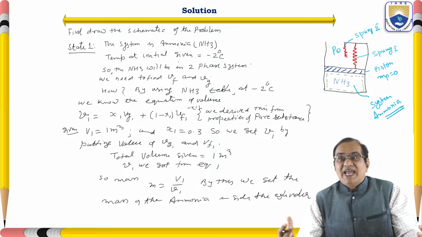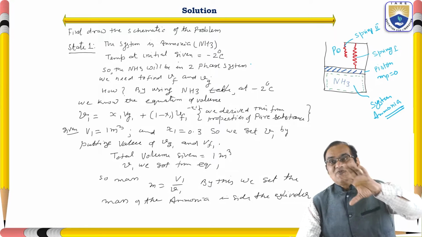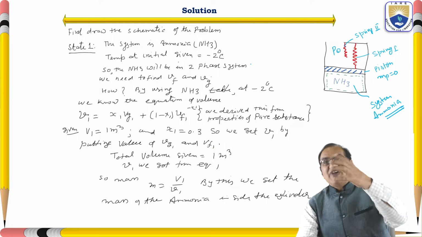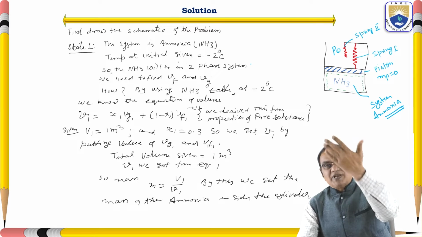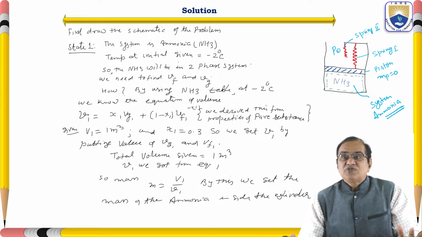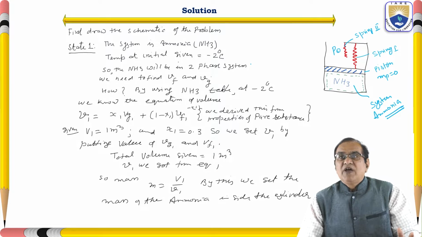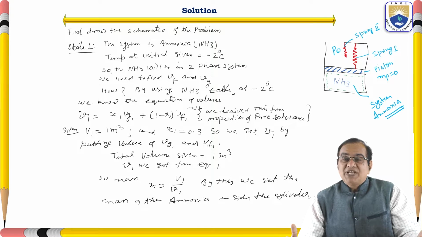Here we cannot directly use the ideal gas equation, because this ammonia will not behave like an ideal gas. It will change its phase from liquid to gas, gas to liquid, and from gas to superheated gas, and so on. So we should be very careful to understand what type of system it is. If it is air at low pressure and high temperature, we can assume it is an ideal gas and use the ideal gas equation.